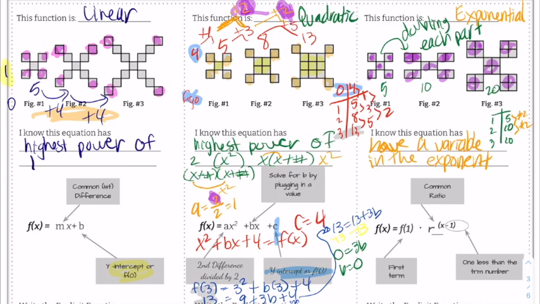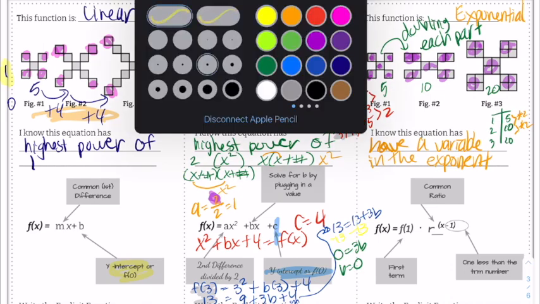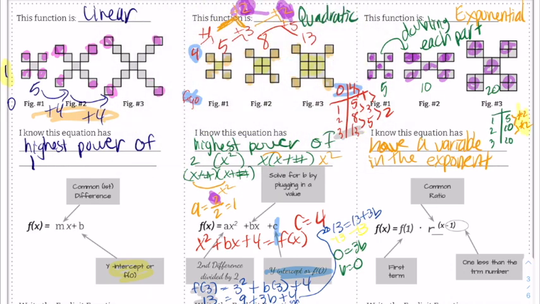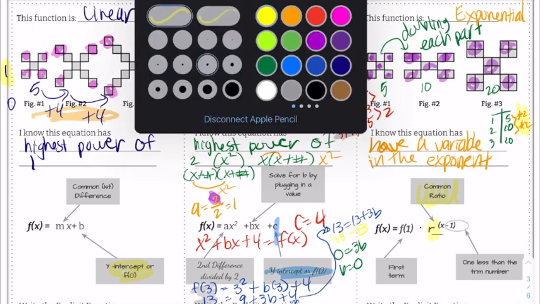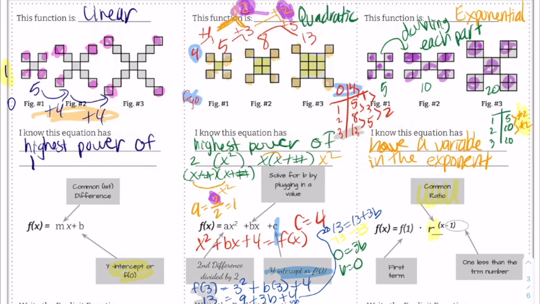And so what we have here is that the common ratio is the R part, okay? And then we are using the first term as well. So our first term in this case is what we have in figure 1, which is 5, right? And then we're just going to write this out, and notice that in our equation, in the exponent, it's written as x minus 1.